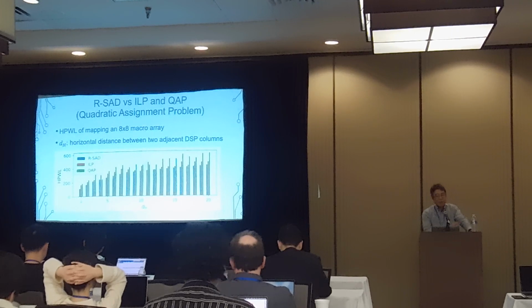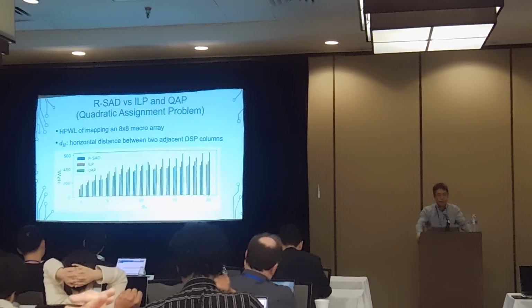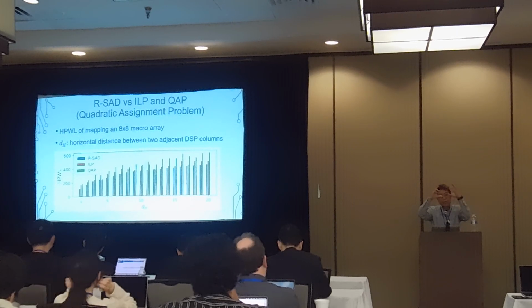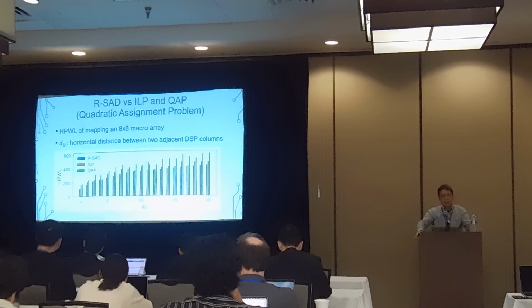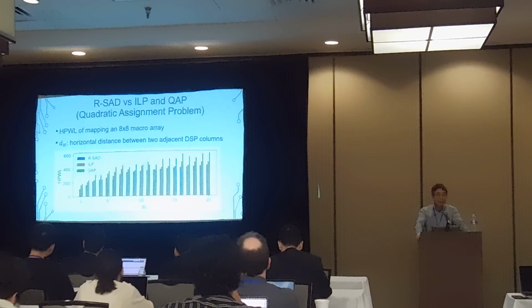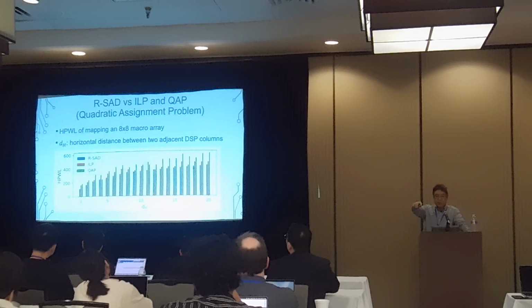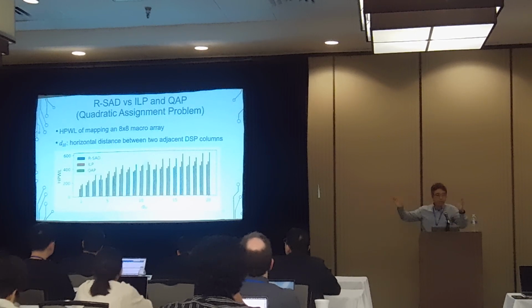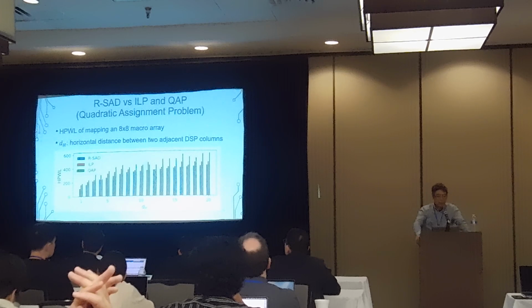Okay. Now we look at just one partition and compare with the ILP solver. Our approach is actually better than the ILP solver. The horizontal axis is the distance between two neighboring DSP columns, and here we try to map an 8x8 array.